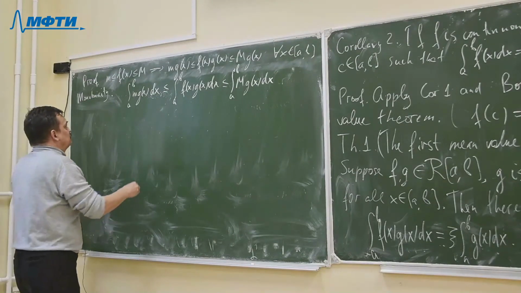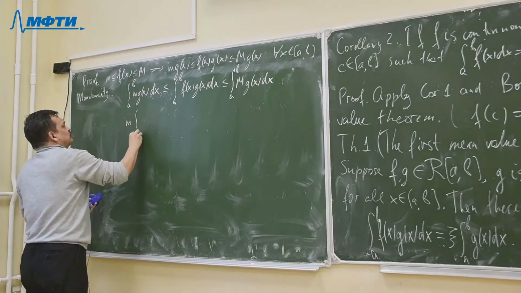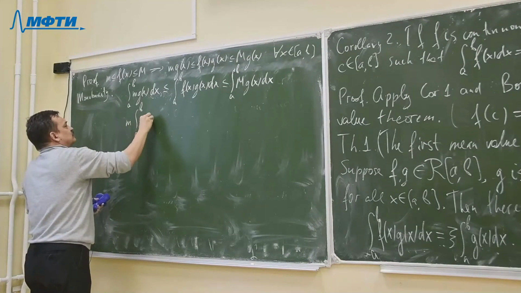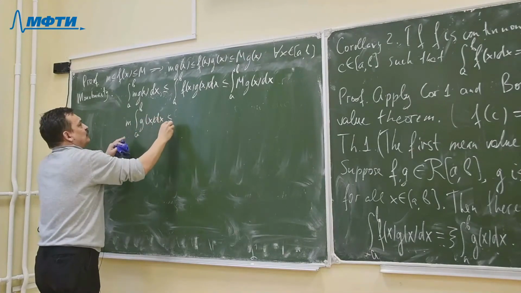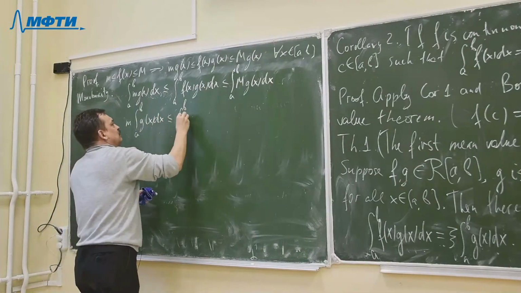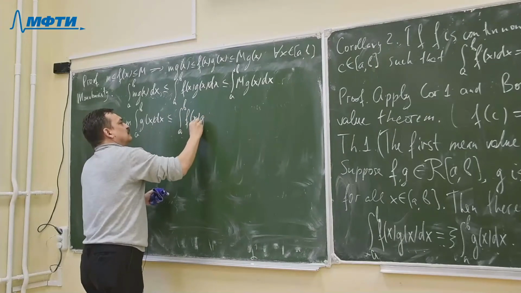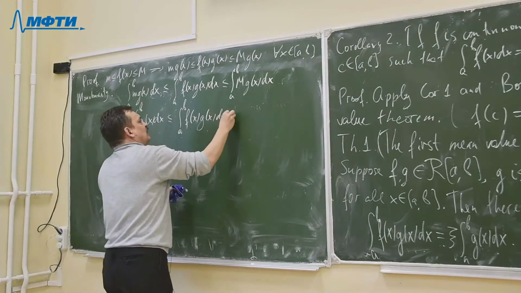So, using properties of the integral, I can put m outside. Then look.